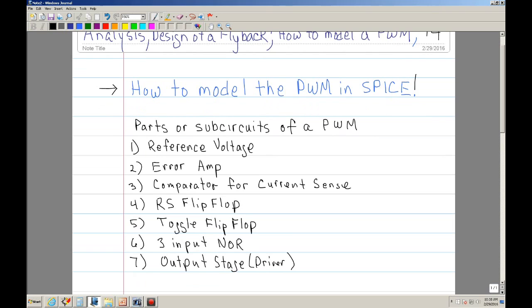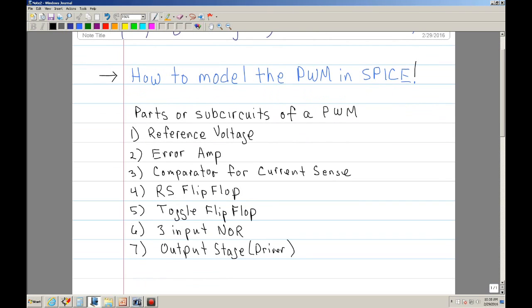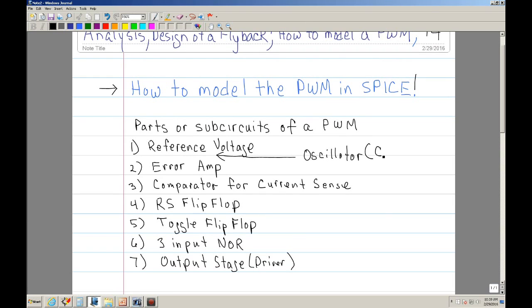I did forget to put one circuit here, and I'll put it in here: an oscillator, or you can call it a clock.